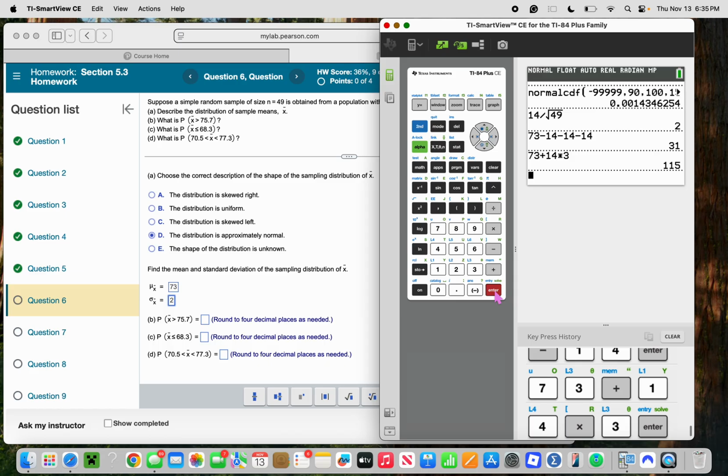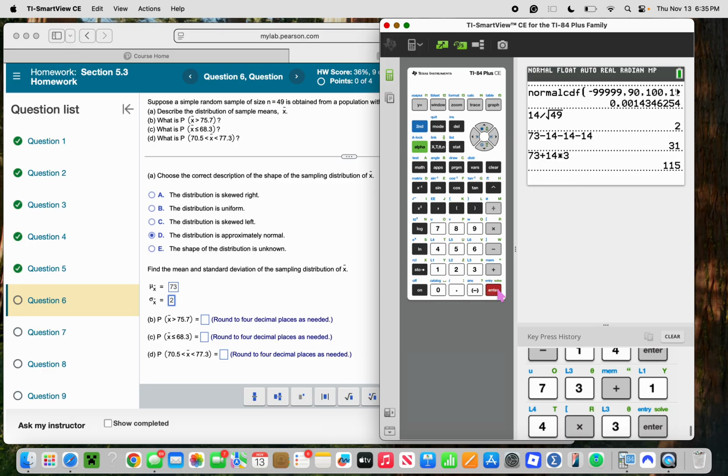So in the original data set, assuming it's normally distributed, we would be looking, and we don't know this, but we would be looking at a range of 31 to 115. And again, I don't know that it's normally distributed, but if it was, that's what we would look at.